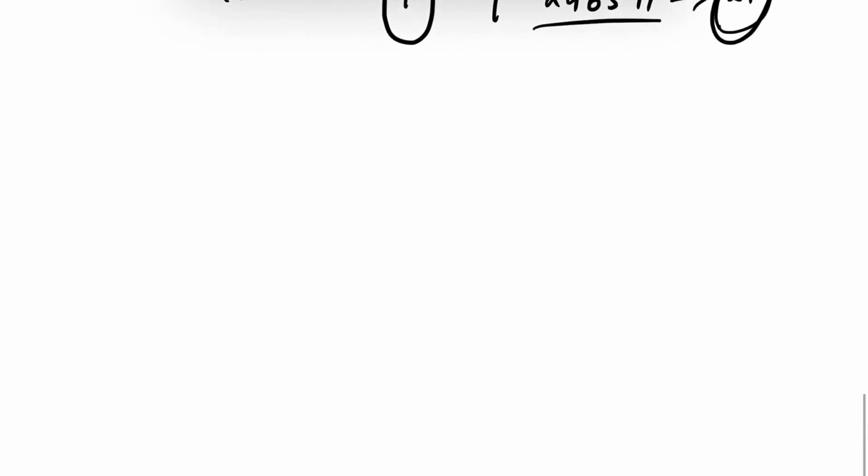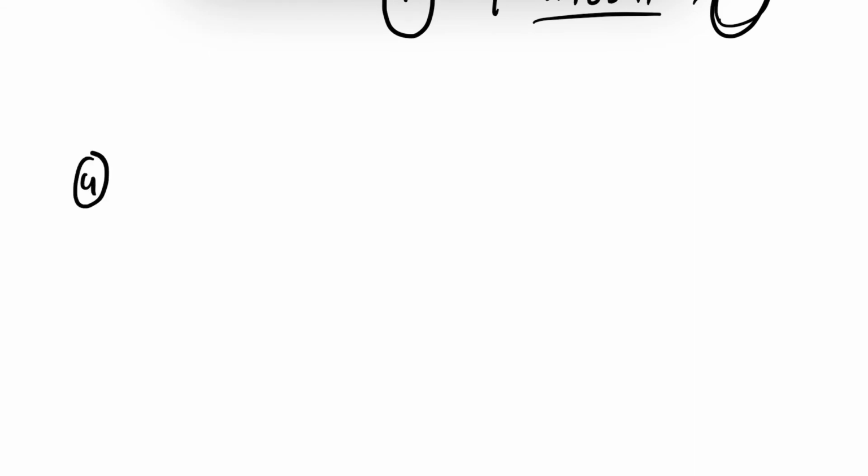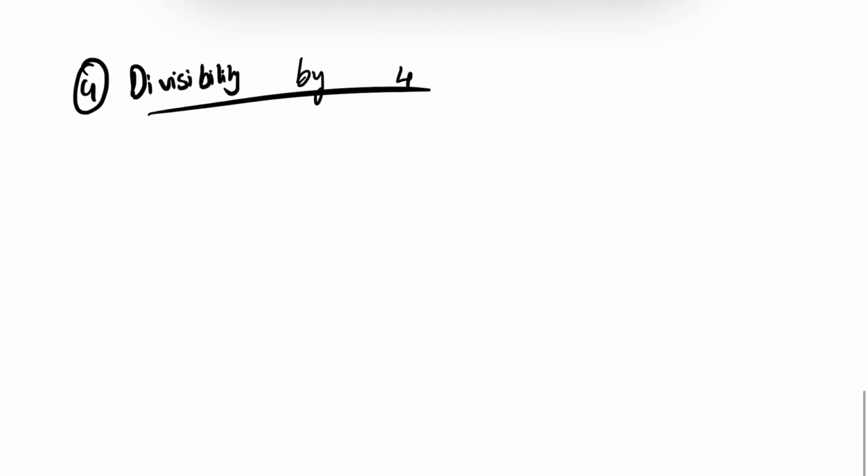Okay, so the next one is divisibility by 4. All right, so a number is only divisible by 4 if the number formed by the last two digits is divisible by 4.